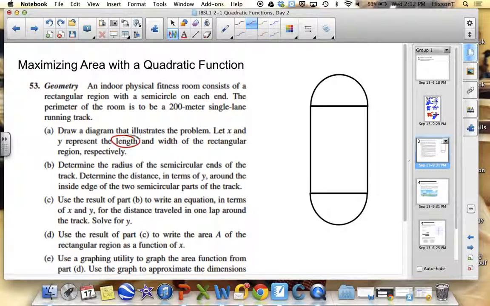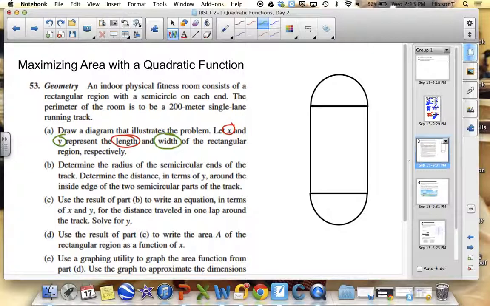So translate here. The length is x, and the width is y. The reason is because respectively means in that order. They said x first, and they said length first, so x goes with the length. They said y second and width second, so y goes with the width. If you weren't sure, you could also look at part B. It kind of tips you off.